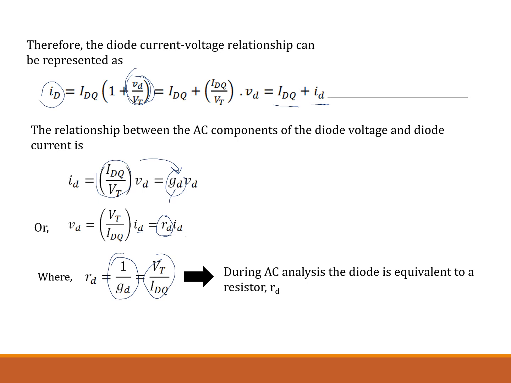If you are required to find the RD value, you need to know this formula, VT over IDQ, or if given the transconductance GD, then it is 1 over GD. Hence, this is the diode equivalent resistor.